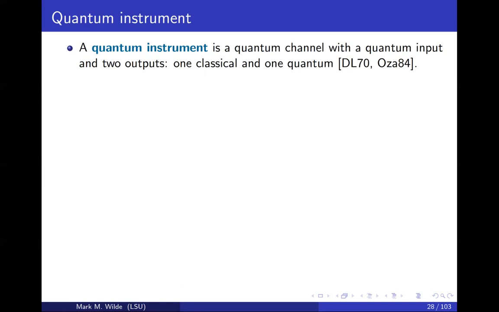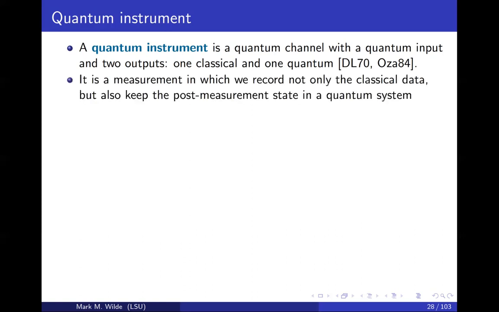And then the beam splitter would split the light beam into two directions, one going orthogonal to the original direction and one going in the same direction as the original direction. And then you could put a photodetector at the output of one arm of the beam splitter. And so the photodetector would give you the classical outcome of the measurement, while in the other arm is propagating a quantum state that's in the post-measurement state. Okay, so that's an example.